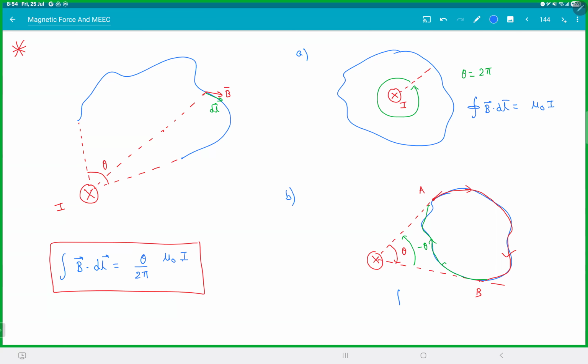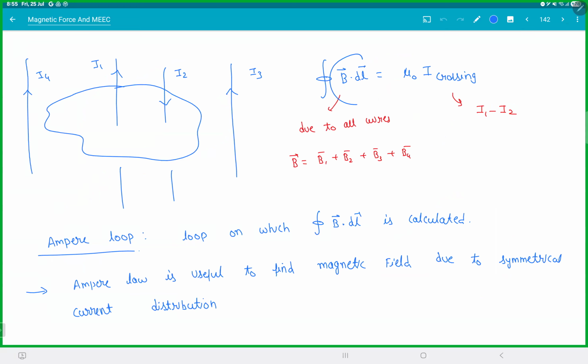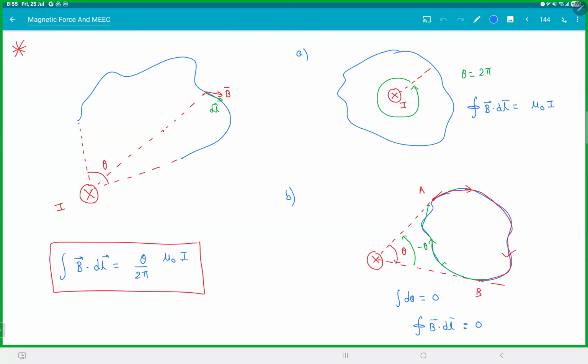So here integral d theta will be 0. Therefore, integral B dot dl due to outside wires will be 0. This was the reason when we did this formula here, look at this. B bar is due to everyone, but I is only due to the current crossing. Because the wires outside the loop will have integral B dot dl 0. So you're literally adding zeros to LHS, it won't matter.